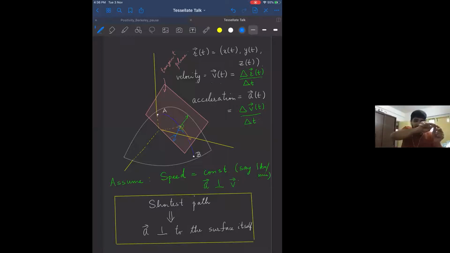Otherwise, at least to second order, you could travel slightly in the direction of that extra perpendicular direction, and you would end up wasting time getting from A to B. So you would no longer be on the shortest path.